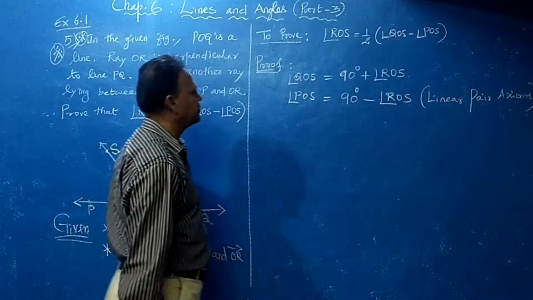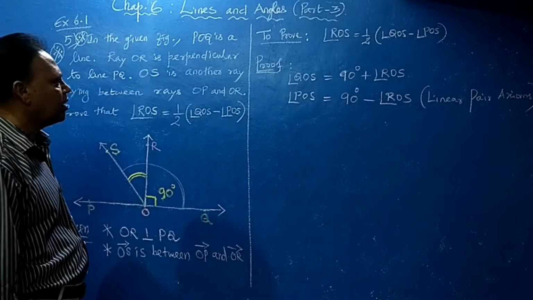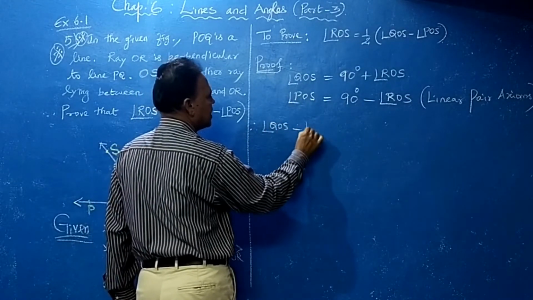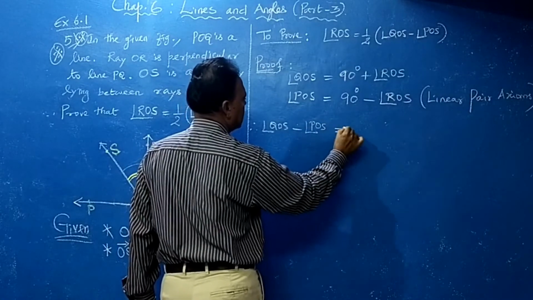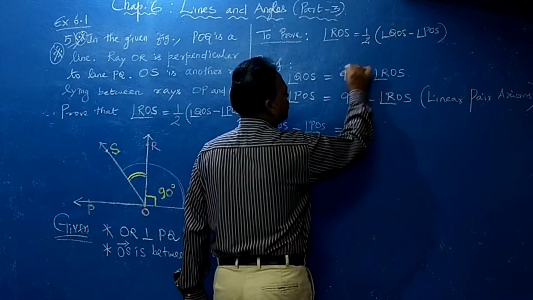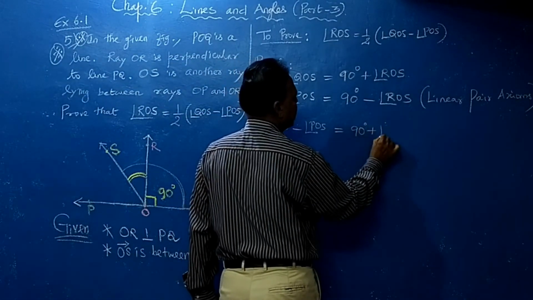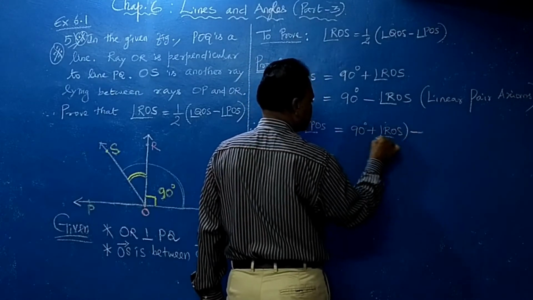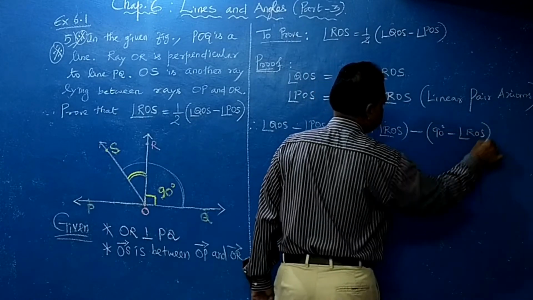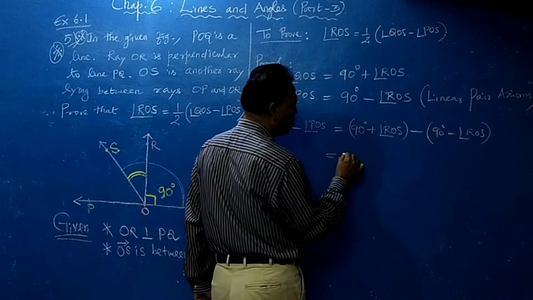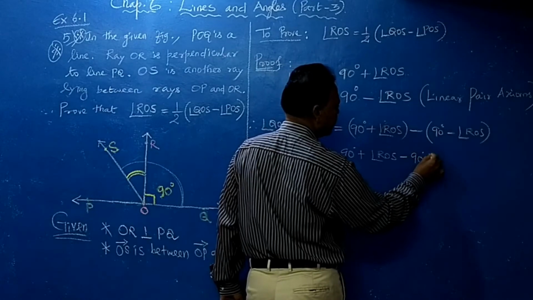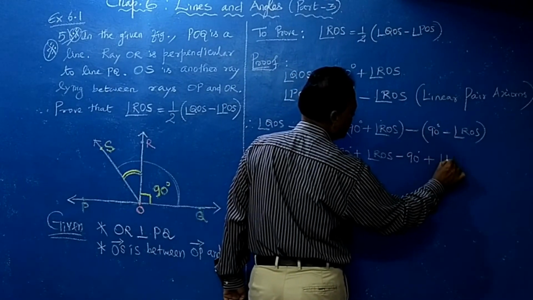Now you subtract these two. Therefore, angle QOS minus angle POS is 90 degree plus angle ROS minus of 90 degree minus angle ROS. Remove the bracket: 90 degree plus angle ROS minus 90 degree plus angle ROS.